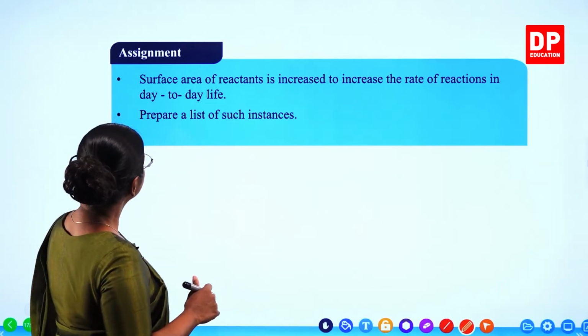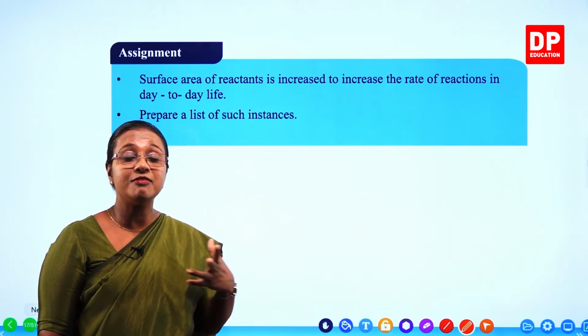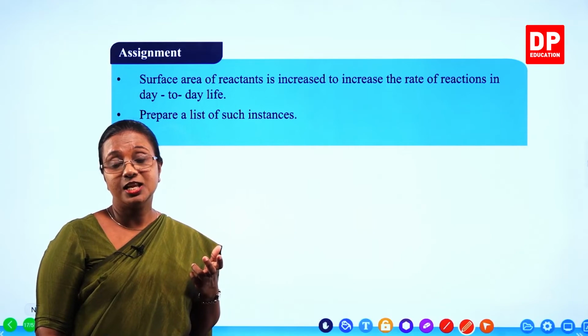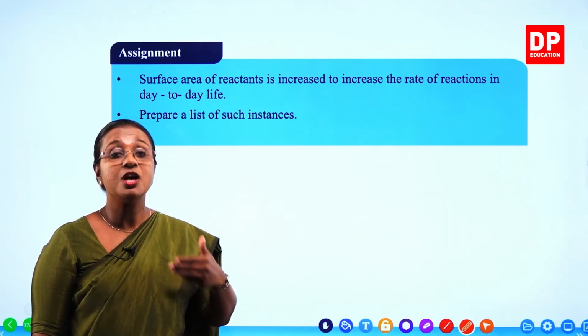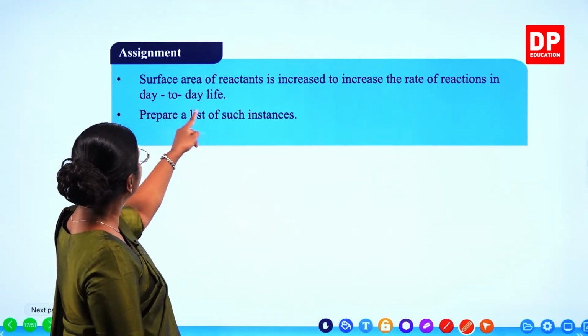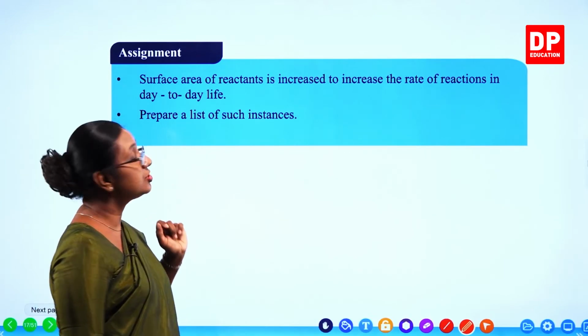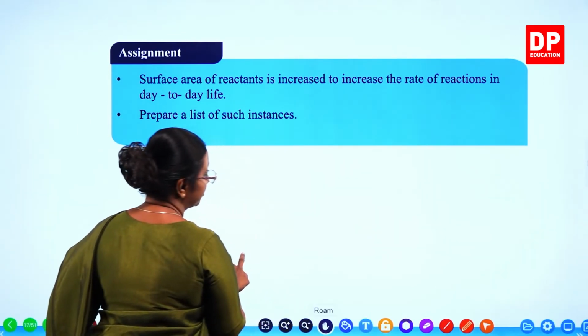So there are some more examples, or you can think of many other examples where we increase the surface area of reactants to increase the rate of reaction. So that is in day-to-day life. Prepare a list of such instances. So you have to do that, students.